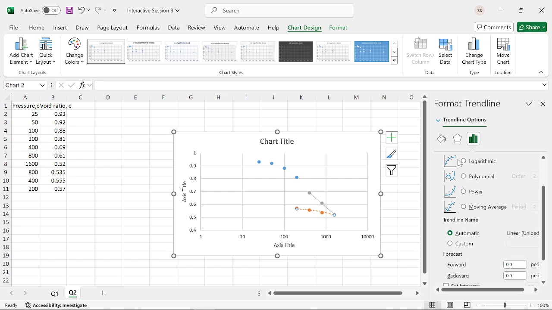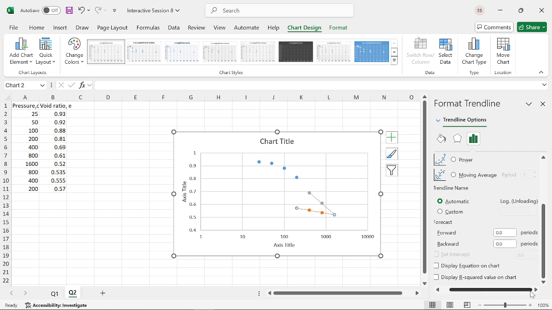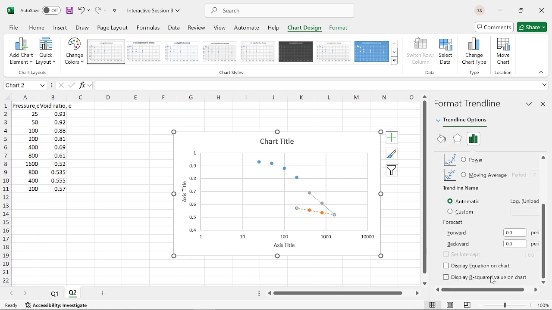And this also has to be logarithmic. Okay. And backward 5 periods, forward 5 periods.